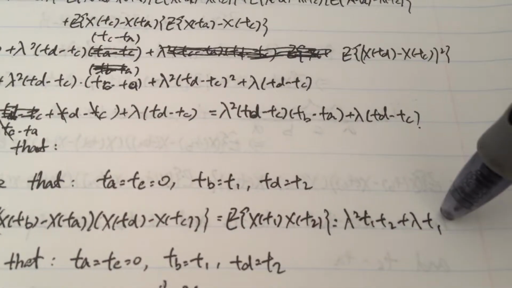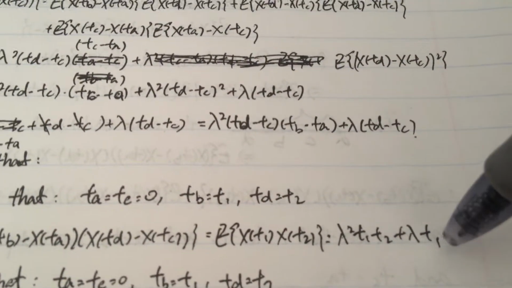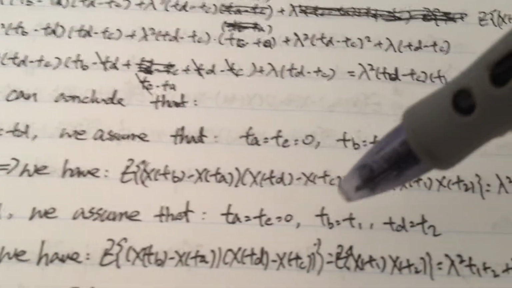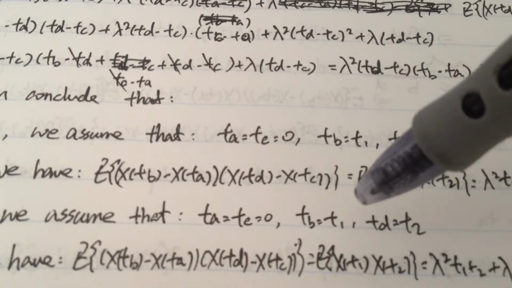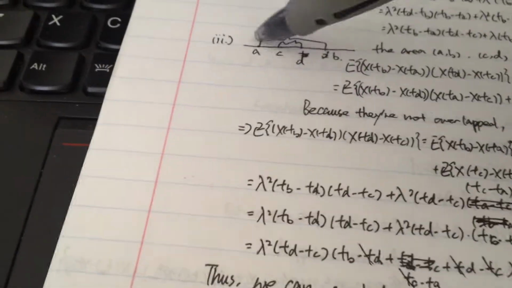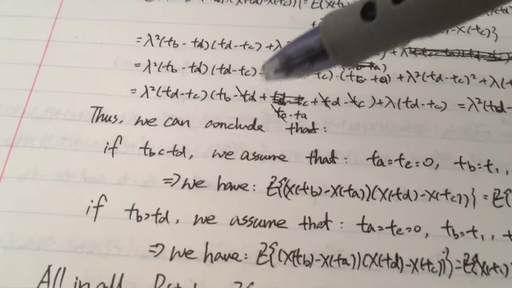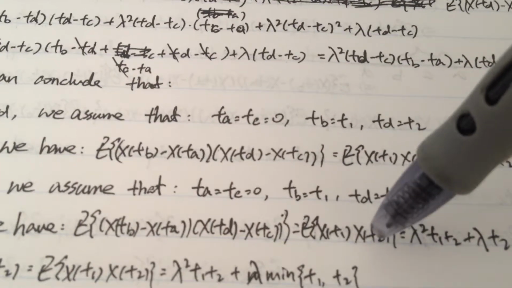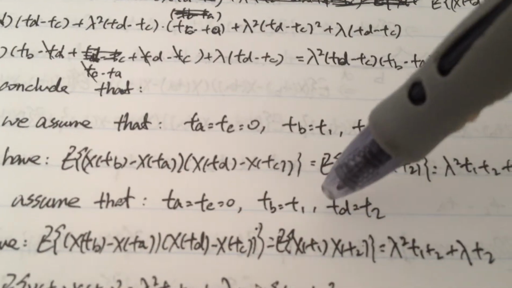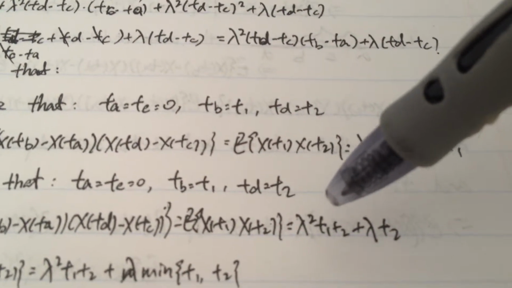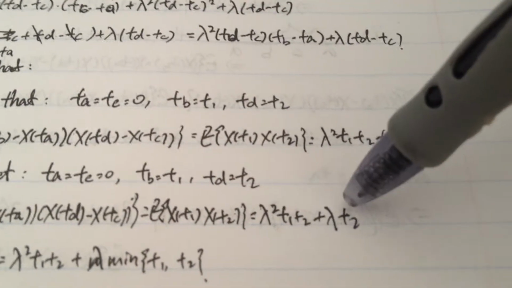In this part, T1 is the smaller one of T1 and T2. And if we assume that TA equals TC equals 0, TB equals T1, TD equals T2, which is the same as this situation, we can have this part equals the mean of X(t1) multiplied by X(t2), which is the autocorrelation of X, equals lambda squared multiplied by T1 multiplied by T2 plus lambda multiplied by T2.